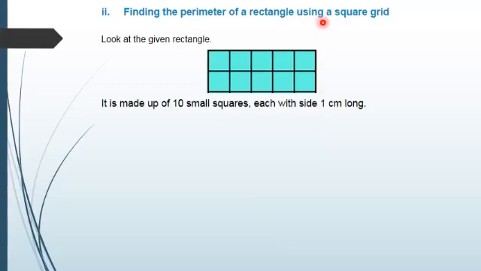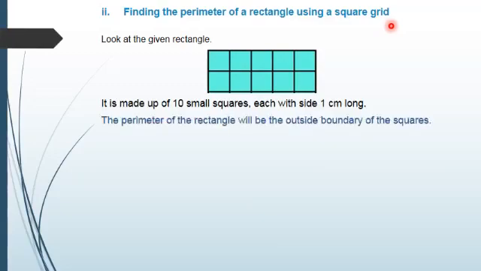Now, finding the perimeter of a rectangle using a square grid. Now, look at the given rectangle. It is made up of 10 small squares, each with the side 1 centimeter long. So the perimeter of this rectangle will be the outside boundary of the rectangle.